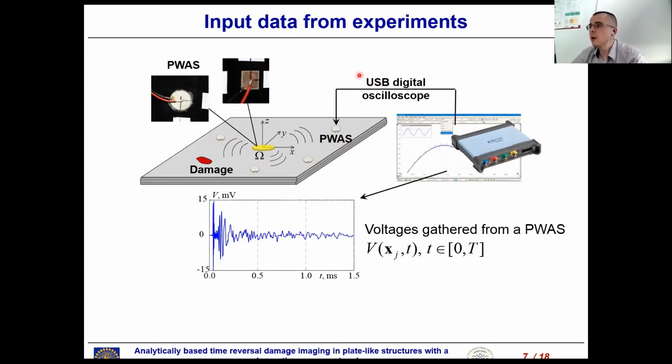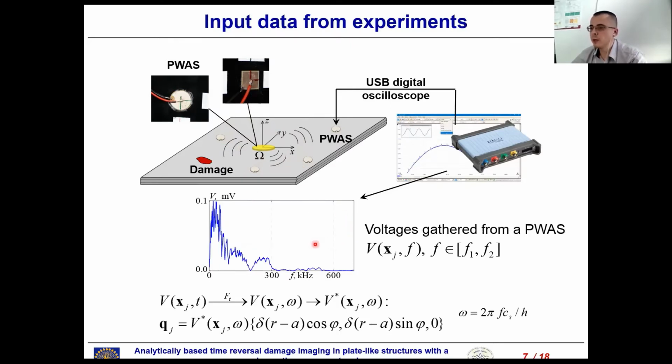However, we also developed a custom multi-channel system which allows switching between different piezoactuators and allows one-by-one excitation of piezoactuators in the network. And nevertheless, we get some voltage from the piezos. After that, we apply Fourier transform from time domain to a frequency domain and obtain the spectra.